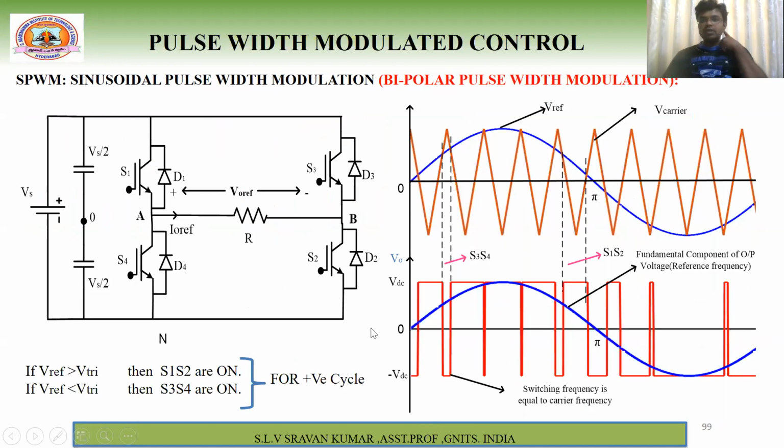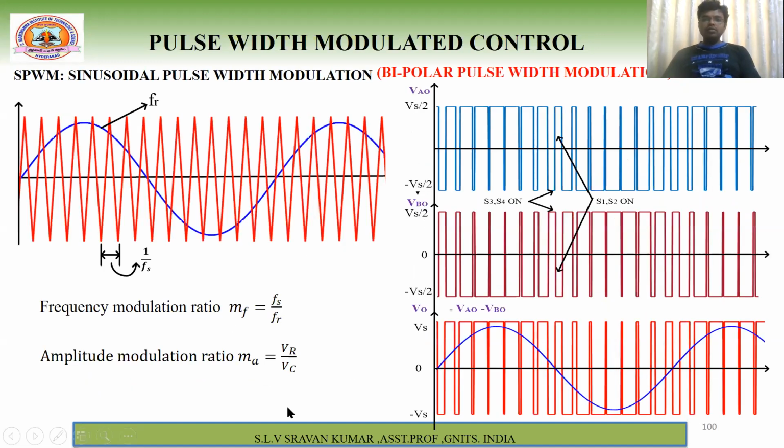That is the problem if you increase the carrier frequency. But if you increase the carrier frequency, the lower order harmonics are reduced. Therefore, the filter size is reduced. At the end, we will go for the filter size. So that's why generally we go for higher frequency like 10 kilohertz.